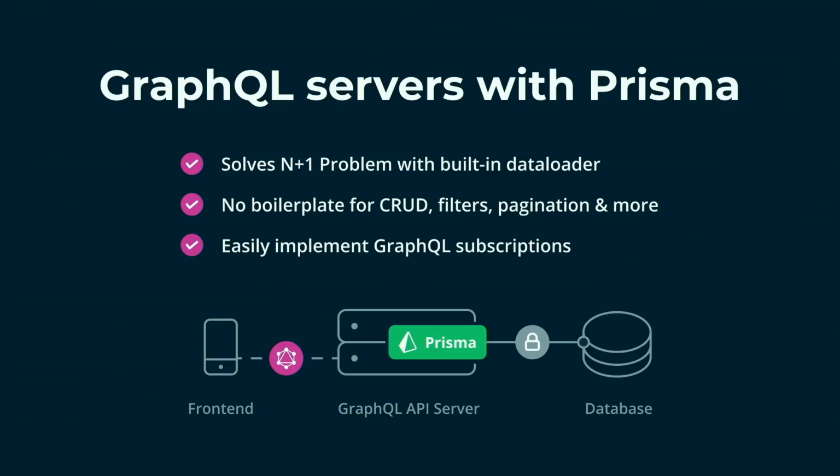Prisma is especially interesting for building GraphQL servers because Prisma Client already has a built-in data loader that solves the N+1 query problem for you, and also makes it super easy to implement common API features like filtering, pagination, CRUD functionality, and even its real-time layer makes it easy for you to implement your own GraphQL subscriptions.